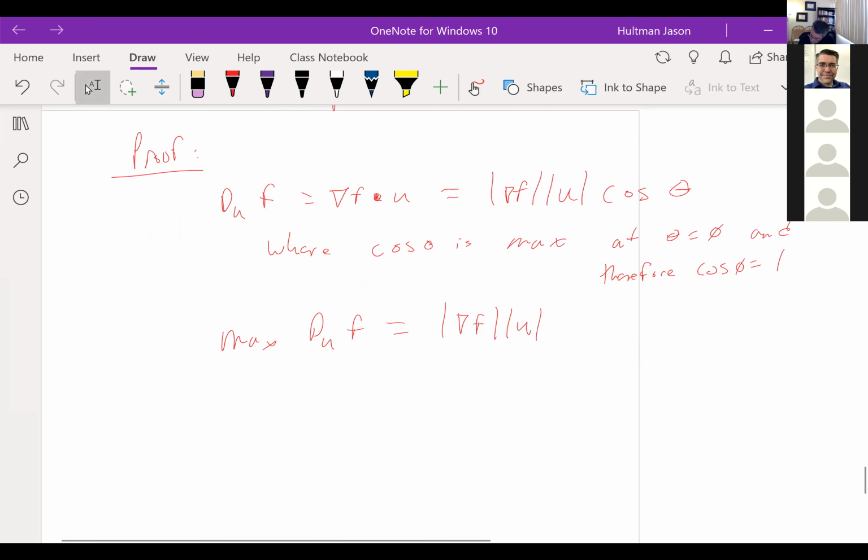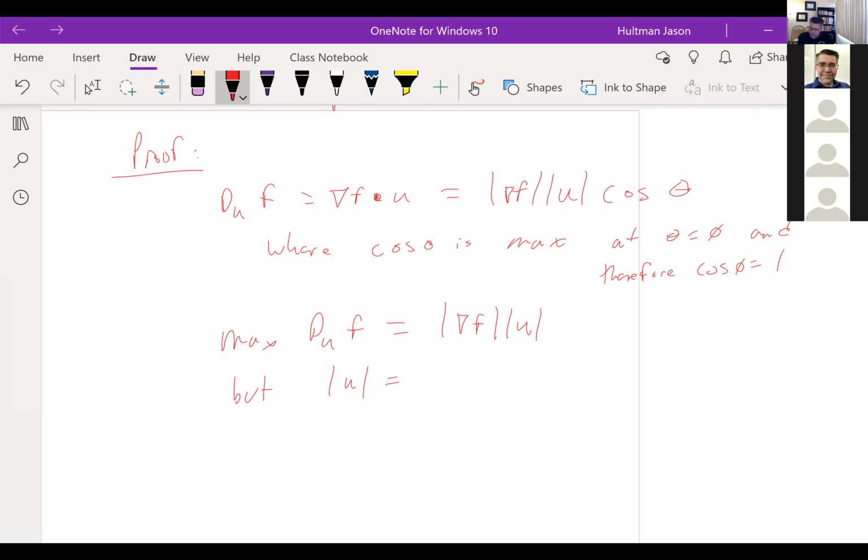But, here's the big but: what's the magnitude of u? Anybody know? 1. Why? What does u stand for? Why are we using the letter u here?